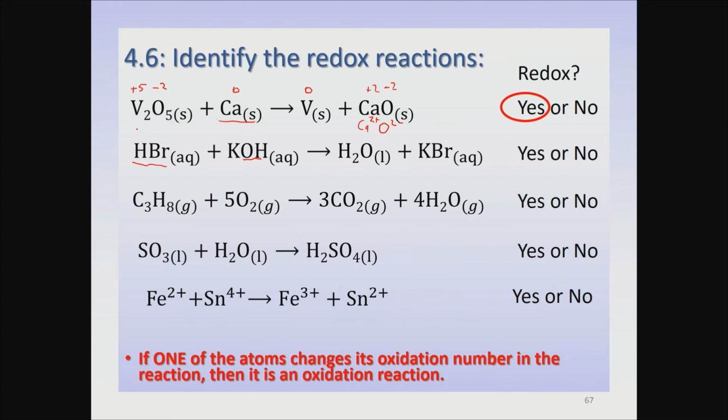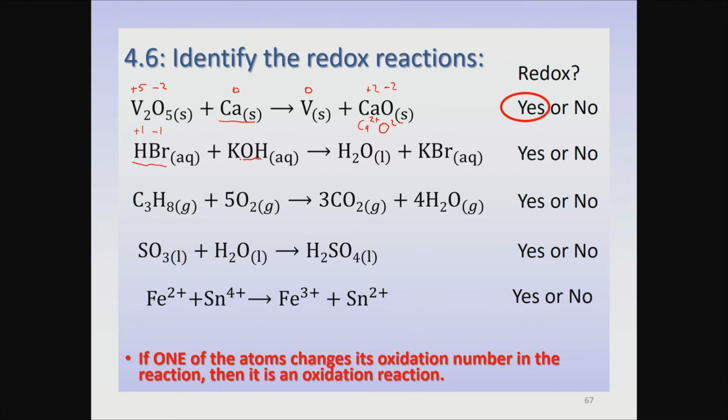So we have a hydrogen here, its oxidation number is +1. Now you might remember that halogens like fluorine, chlorine, bromine, or iodine usually have an oxidation number of -1 unless there's oxygen in the compound. There's no oxygen in this compound, and so bromine's oxidation number will be -1. So that's done.